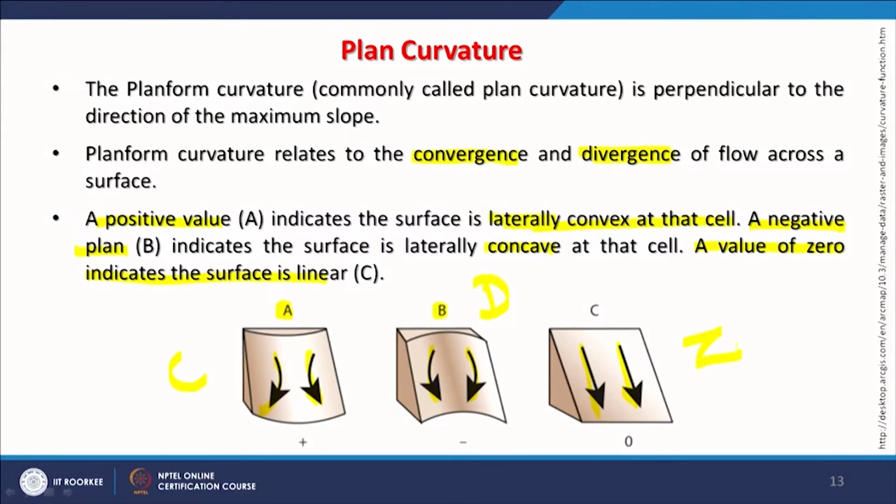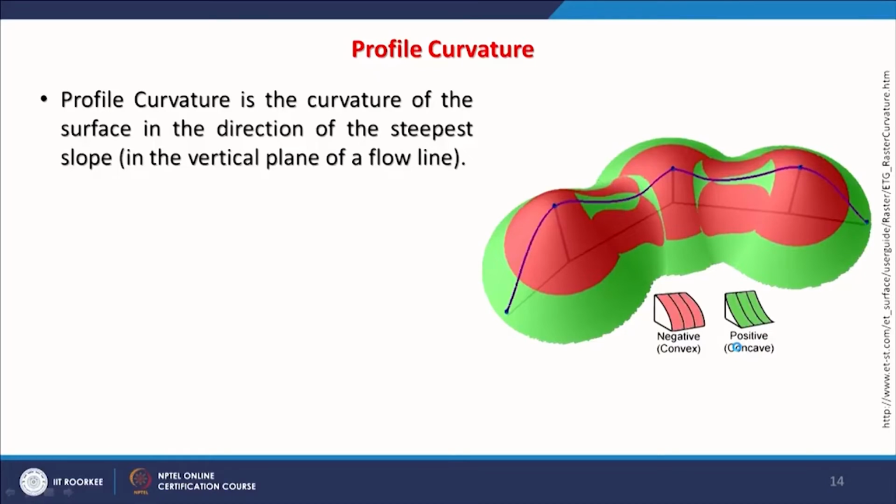Now, there is another curvature instead of plan curvature. Now we talk about the profile curvature, which is basically the curvature of the surface in the direction of steepest slope in the vertical plane of flow lines.